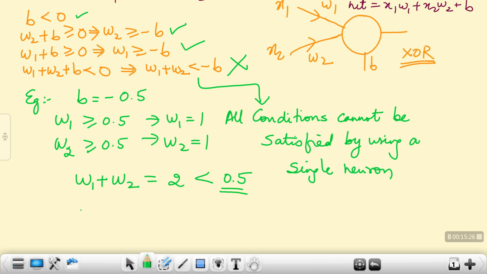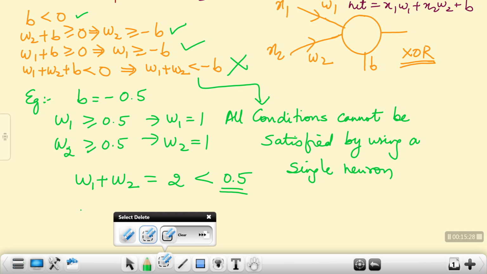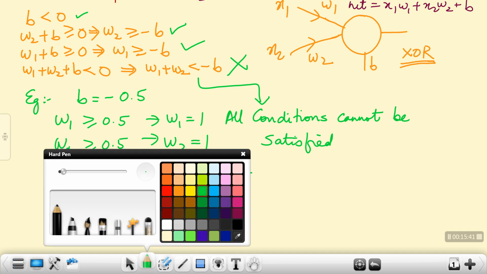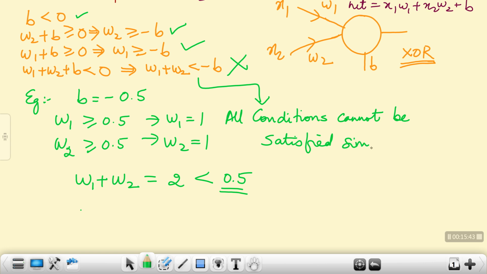If at all you have to use a single neuron, all these conditions have to be satisfied. So all these conditions cannot be satisfied simultaneously.